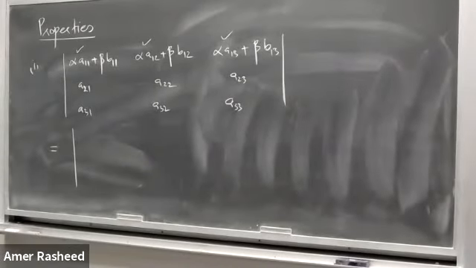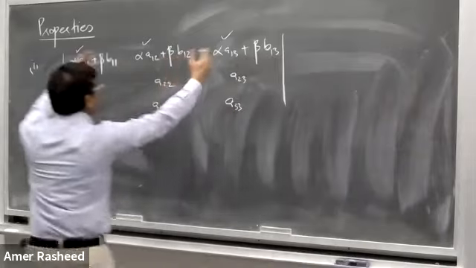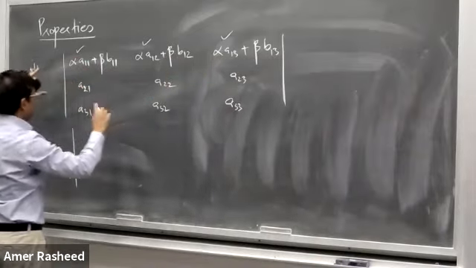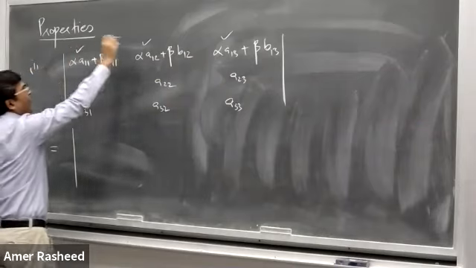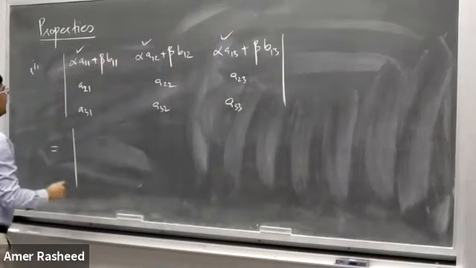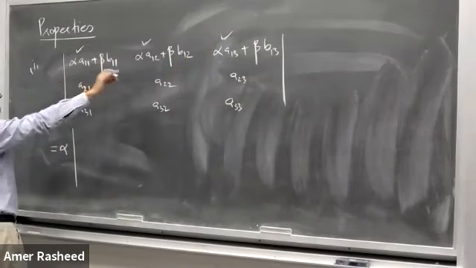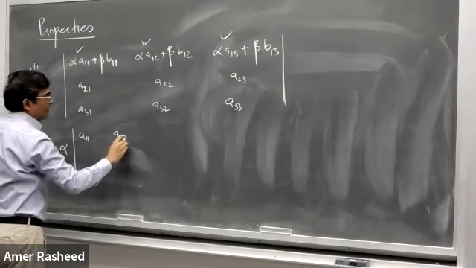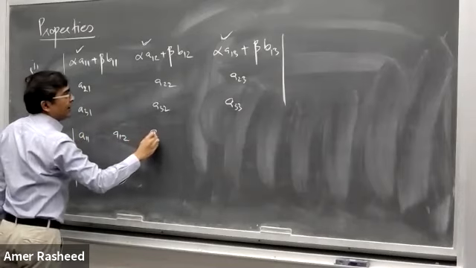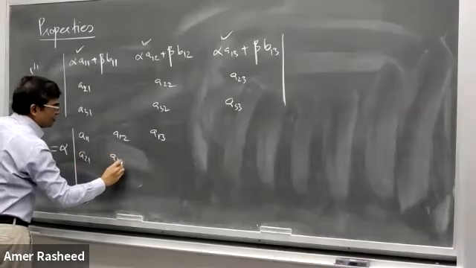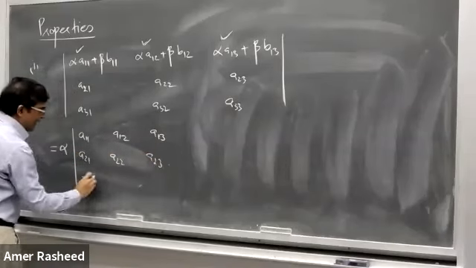Okay. Now we can split up similarly first row into sum of two determinants, and then we can take alpha common from the first row and beta common from the second row. So we can split this determinant into two different determinants, A13, A21, A22, and A23, and so on.